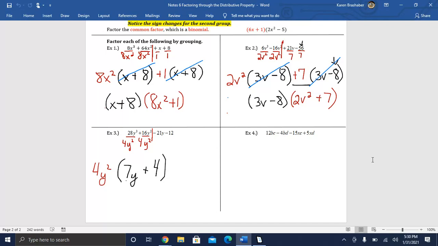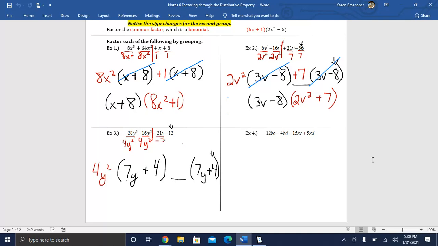Now, I know that I need a 7y plus 4, but I need to know what number I divide by. So I can take a look once again at my last term, negative 12, and my 4. Negative 12 divides by 4 and gives me negative 3.